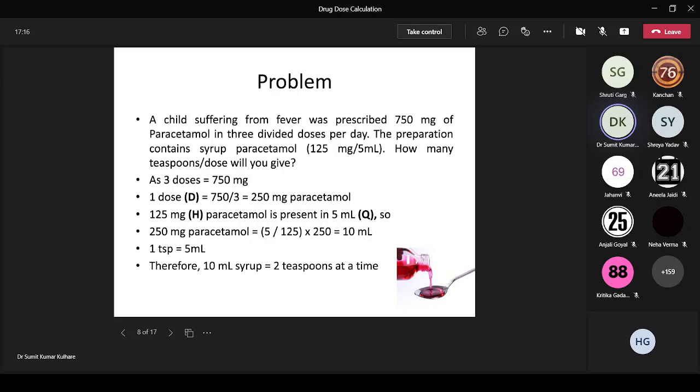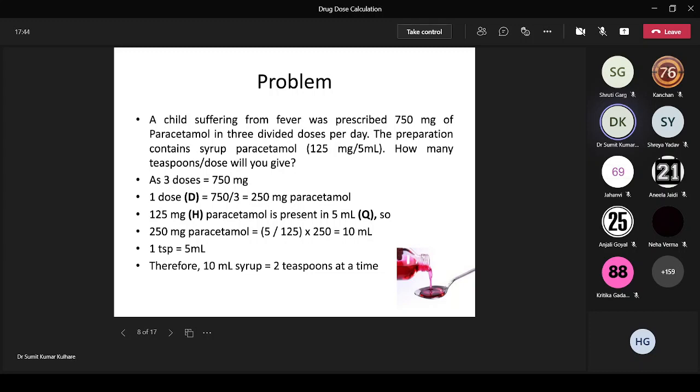This is a common problem, especially in pediatric formulations, because parents don't know how much syrup is to be administered, and sometimes even doctors don't know. They only know that 750 milligrams of paracetamol is to be given daily in 3 divided doses.